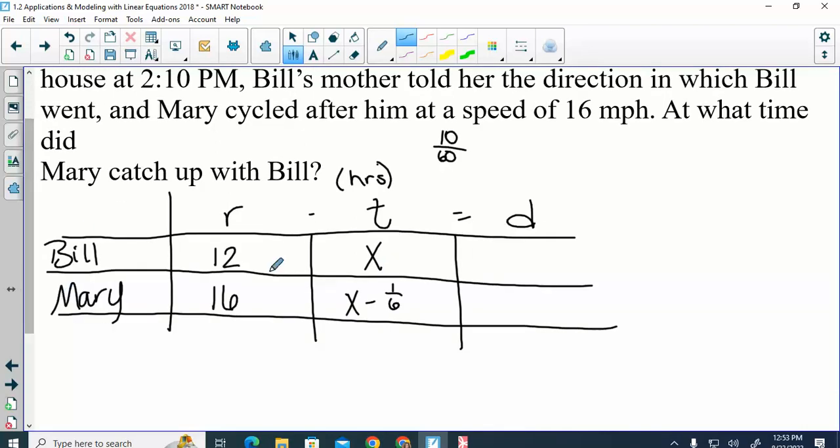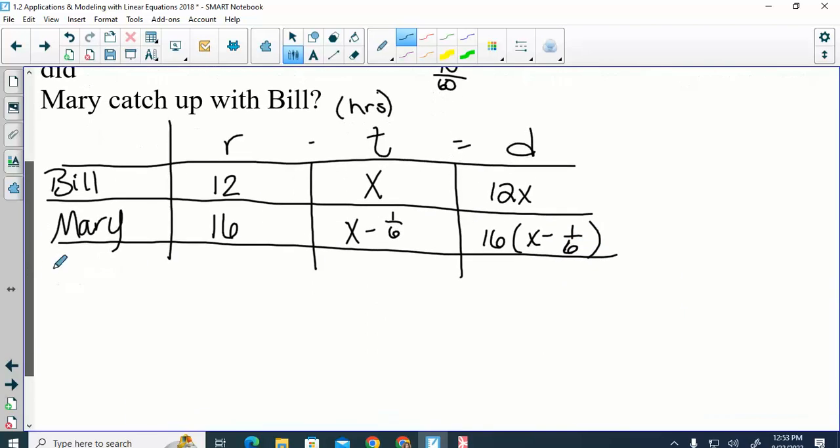So now we can multiply. Rate times time equals distance, so that's 12x. 16 times x minus 1/6. And we already said these two distances are equal.